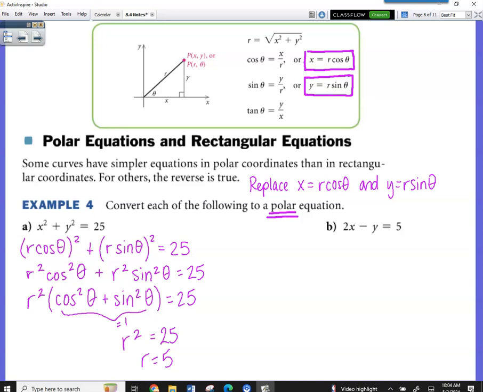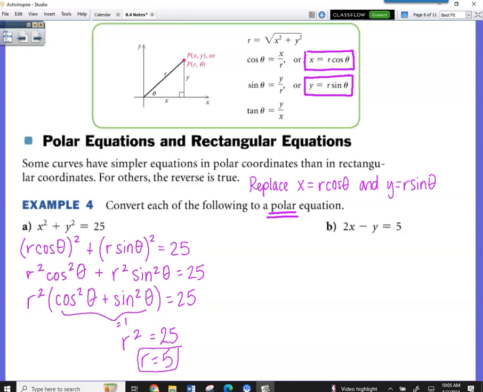That is a polar equation. That's what's so weird about polar equations, they look weird. Here, this is the polar equation: r equals 5. It looks like you really just found the length of r, but that is the polar equation.